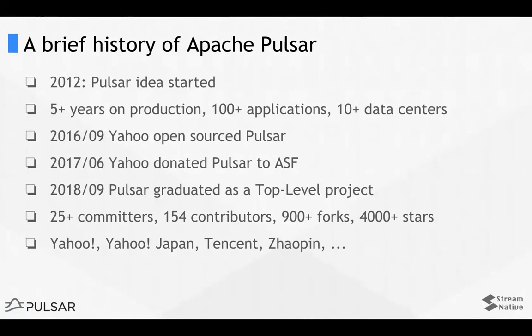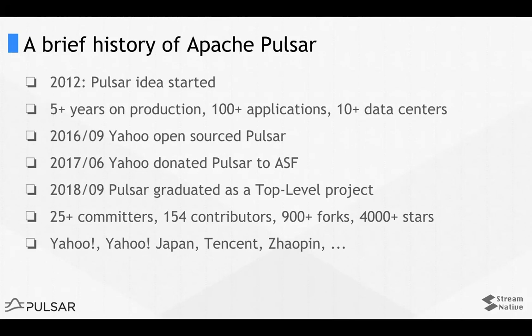So let me give a brief history about Pulsar. The original idea of Pulsar started around 2012, from the Yahoo Beijing Research Center. The idea was to build a whole Yahoo internal messaging cloud, and it has been running in production for more than 5 years.